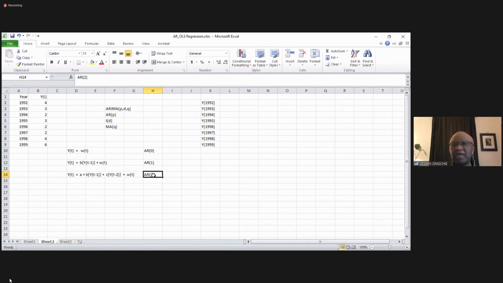For AR2, if you want IBM's return tomorrow, look at IBM's return today and IBM's return yesterday, and some combination of the two will give you IBM's return tomorrow.